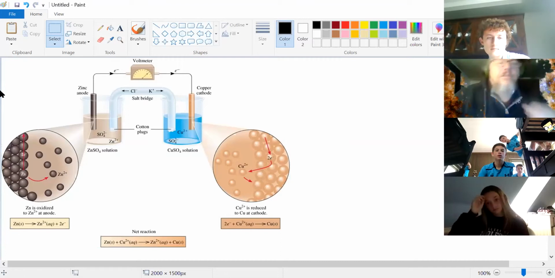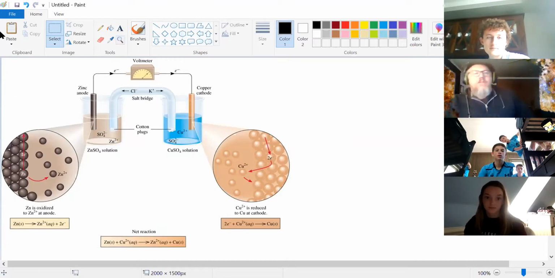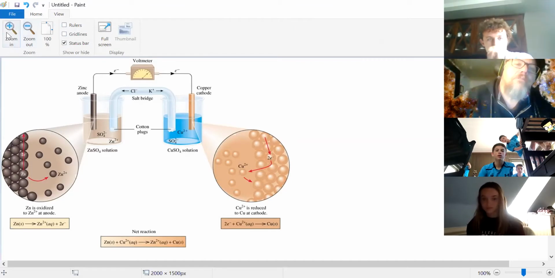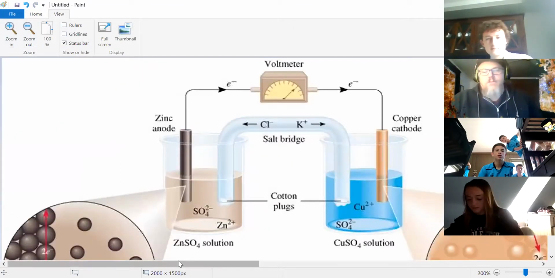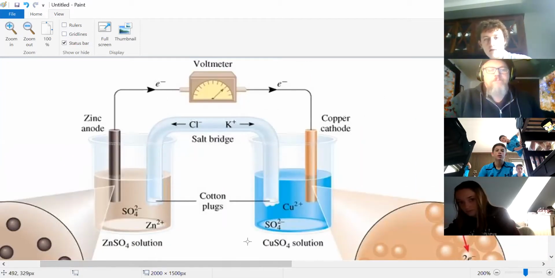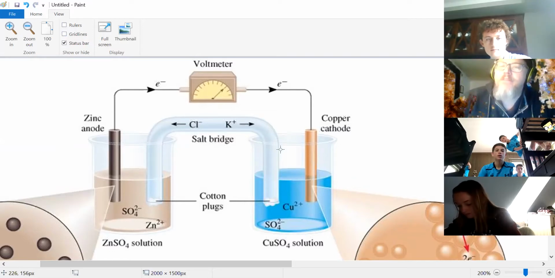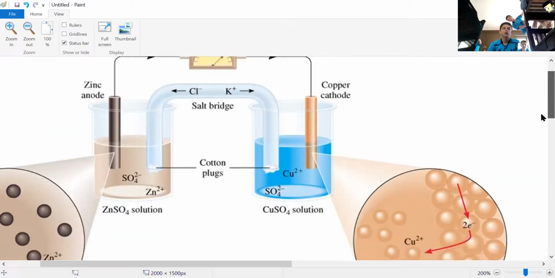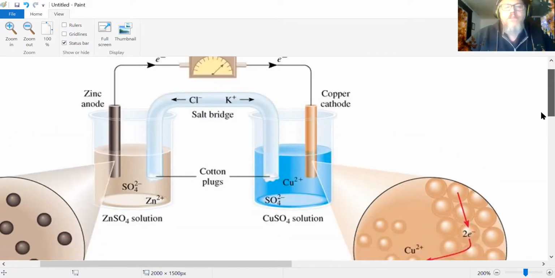I cheated. I'm cheating, and we're going to illustrate this as we go because obviously I'm really bad at drawing. Cheating isn't good, I know, but in this case we have to because it's sort of confusing. So to illustrate what's going on, I'm going to use a smaller active window so I can see what's going on. We do know there's a couple of things occurring on both of these.